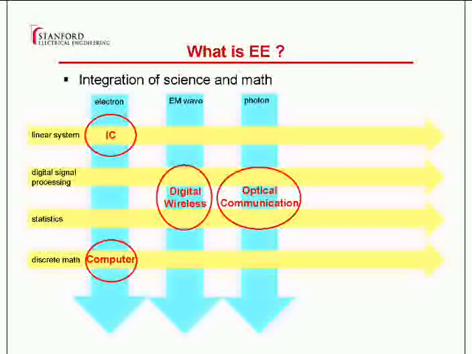If you look at some of the major innovations that have occurred over the last few decades, they always occur at the intersection of science and math. For example, if you look at integrated circuits, we started off understanding electrons and semiconductors, but that's not enough. If that's all we did, we would end up with just a whole bunch of individual transistors.